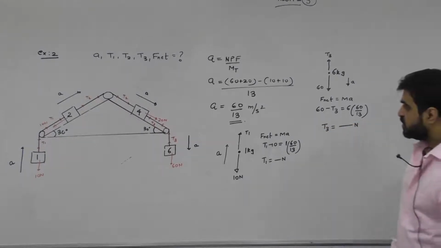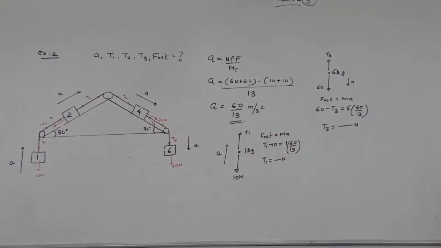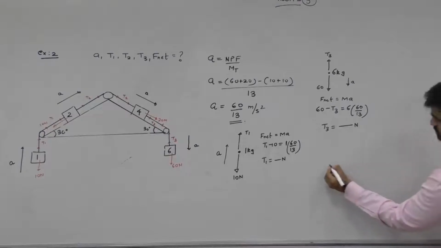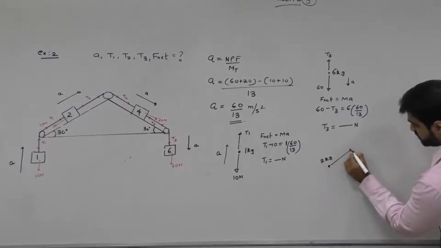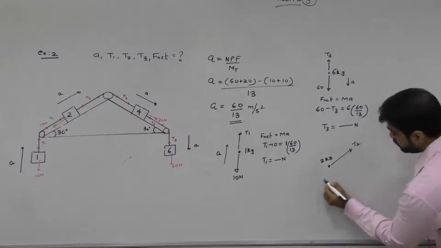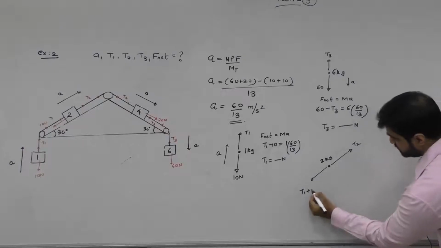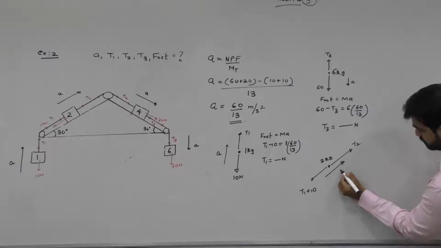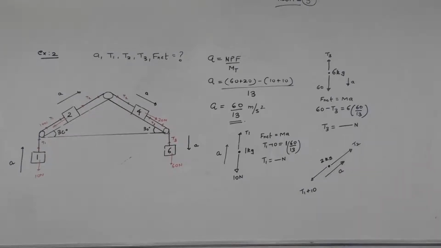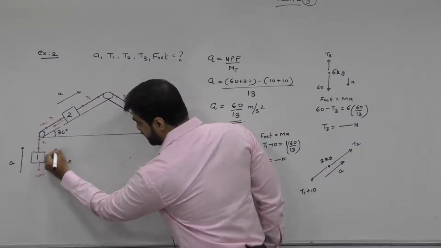Okay. For getting T2, I'll break this. So look now. This is 2. T2 is this way. T1 is down, plus 10 is acting with T1. And where is the acceleration of the system? This way. Now this will become my axis. Initially you were considering this as your y and this as your x axis, right?